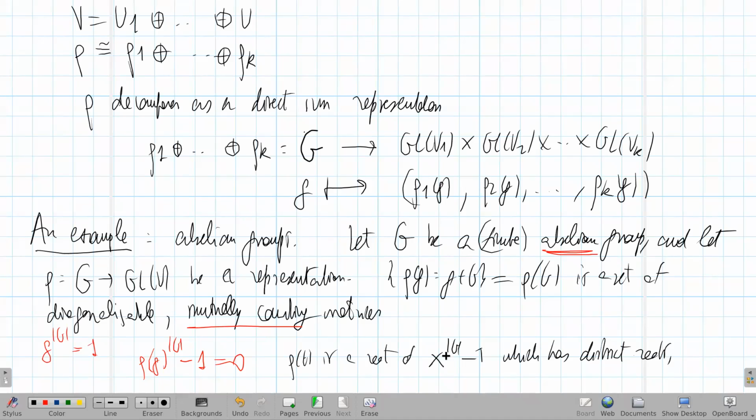So this means that the minimal polynomial of rho(g) has distinct roots. It implies that rho(g) can be diagonalized. And so this is a set of diagonalizable mutually commuting matrices, and I give the simple proof in the preliminaries. If you need, we can go through that. Just ask.